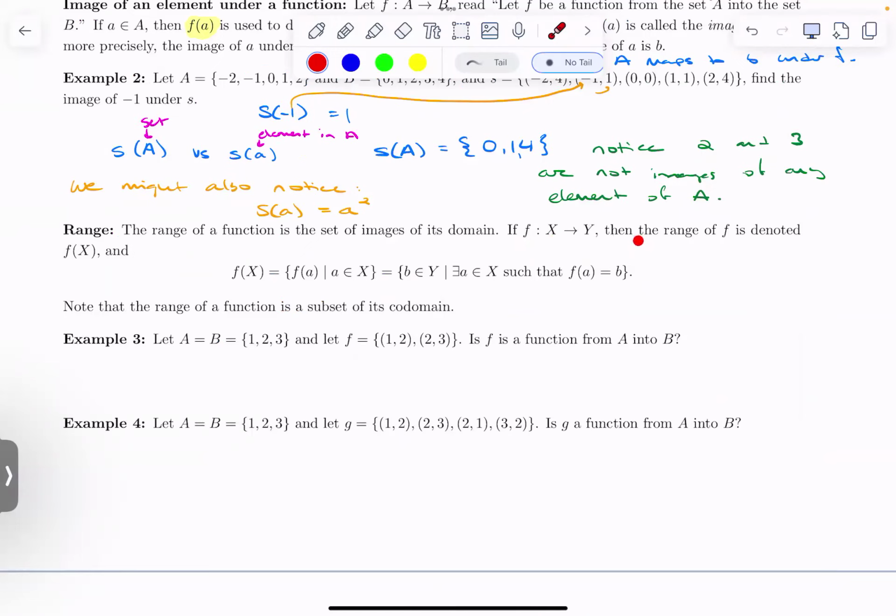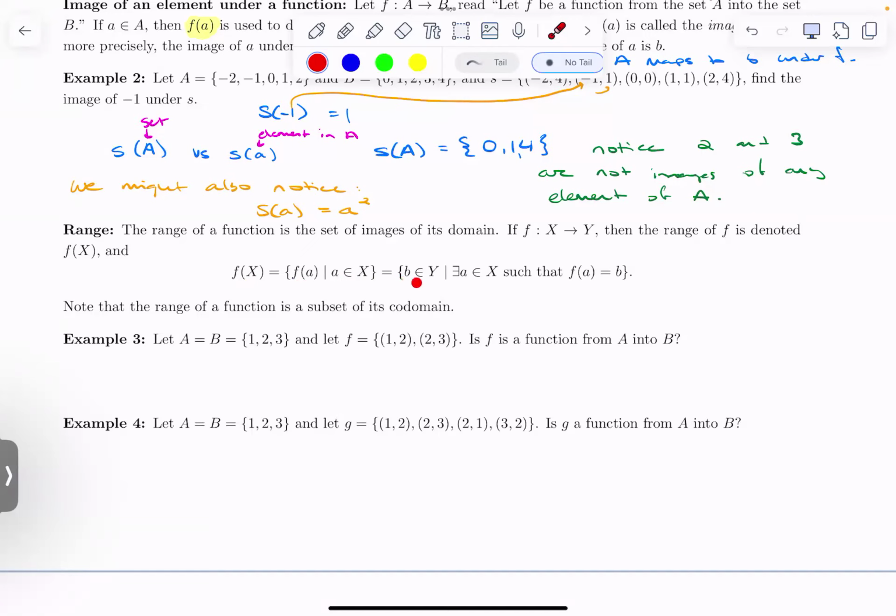So the outputs such that a is in the domain, okay? Which is going to be the element b in the set Y such that there exists an a in X such that f of a is equal to b. Yikes. They're saying the same thing, okay?